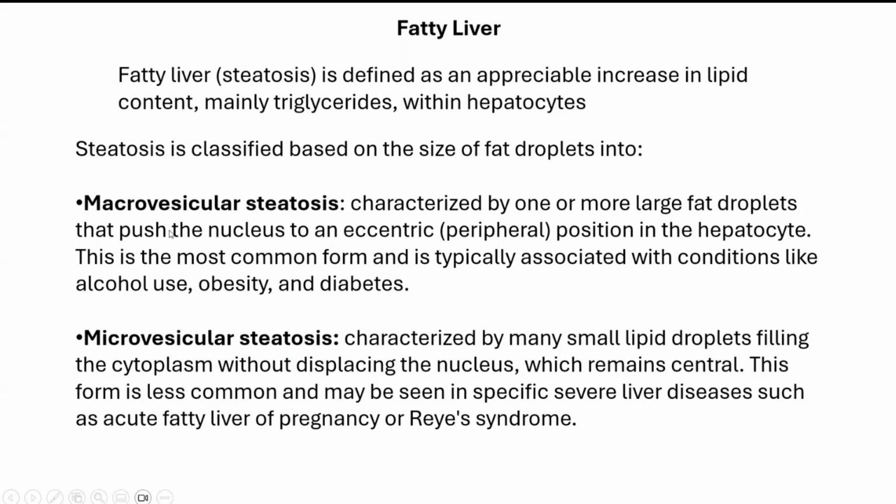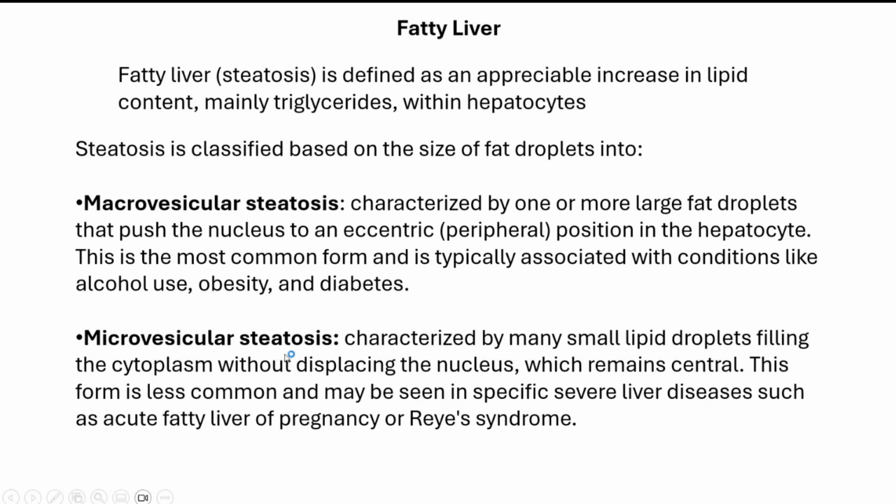Macrovesicular, as the name indicates, is characterized by one or more large fat droplets that push the nucleus to an eccentric position in the hepatocyte, like a signet ring. This is the most common form, typically associated with conditions like alcohol use, obesity, and diabetes.